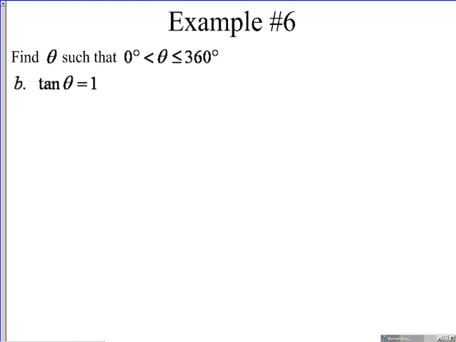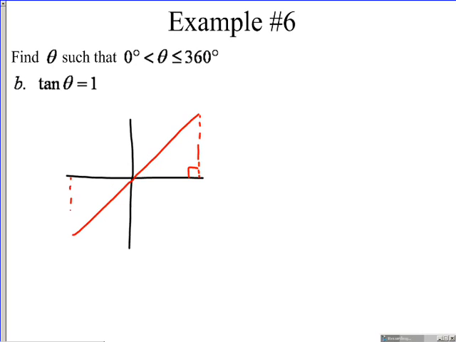Letter B, find theta such that theta again is between 0 and 360. So once again, the first thing we need to do is decide which quadrants we are going to draw the triangle in. All students take calculus. Tangent is positive in 1 and 3. Tangent is opposite over adjacent.